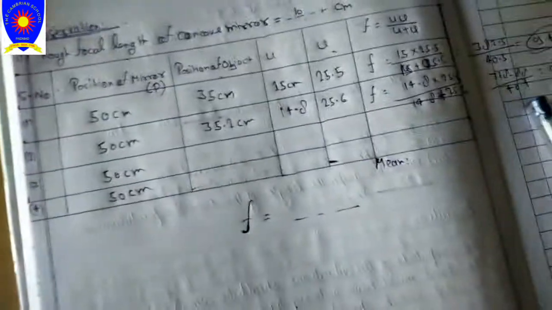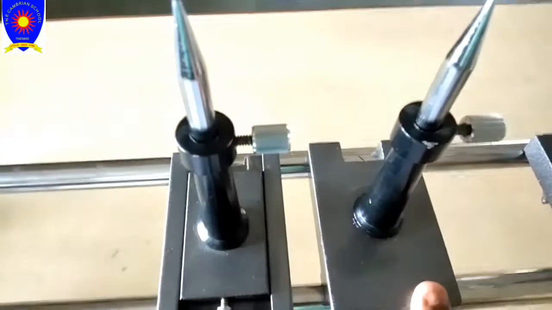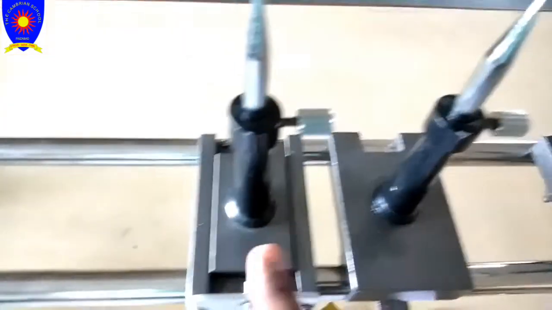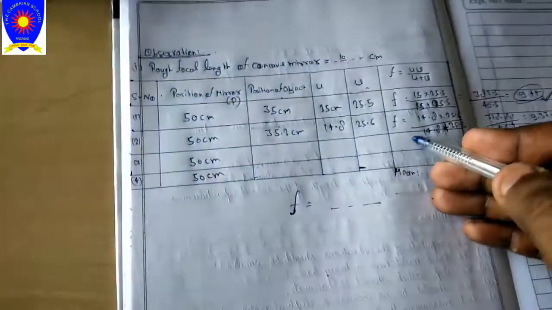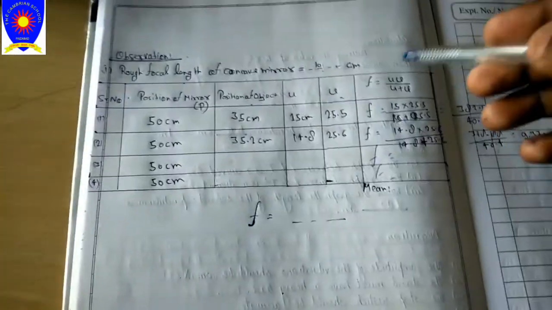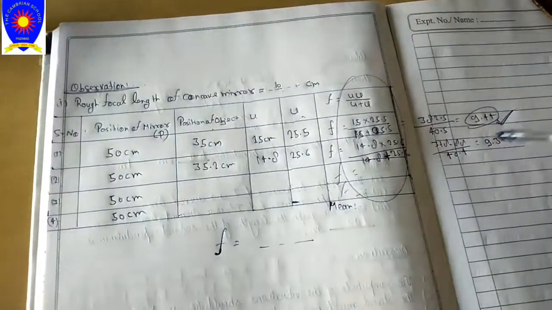Now we can again find the value of the same focal length, that is the third reading and fourth reading. Now you can move the object pin. After moving this pin, you can get V for different values. So find its third and fourth reading from the apparatus, and after this find the mean value.